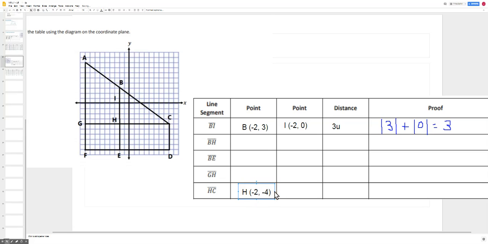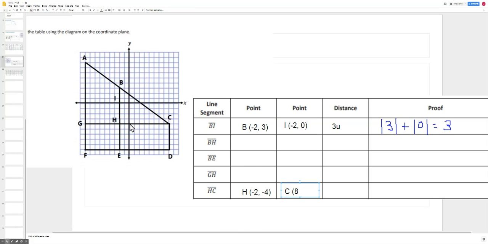Let's expand this out. There you go. And now let's look at the C. So C is way over here. So let's put C, and put our parentheses because we're dealing with a point. We're starting at the origin right here. We can count over 1, 2, 3, 4, 5, 6, 7, 8, it looks like. So put 8.